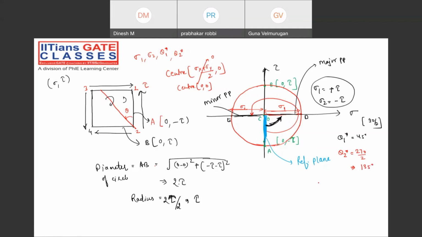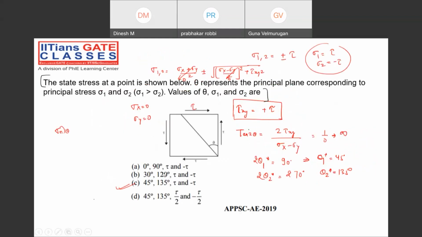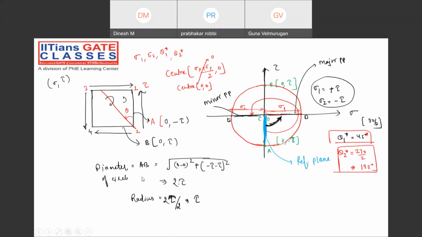I believe things are getting clear with respect to Mohr circle. The same answer we are getting is what we were getting with the analytical method. Check it out. Identifying the reference plane and identifying the coordinates are the major steps for drawing the Mohr circle.